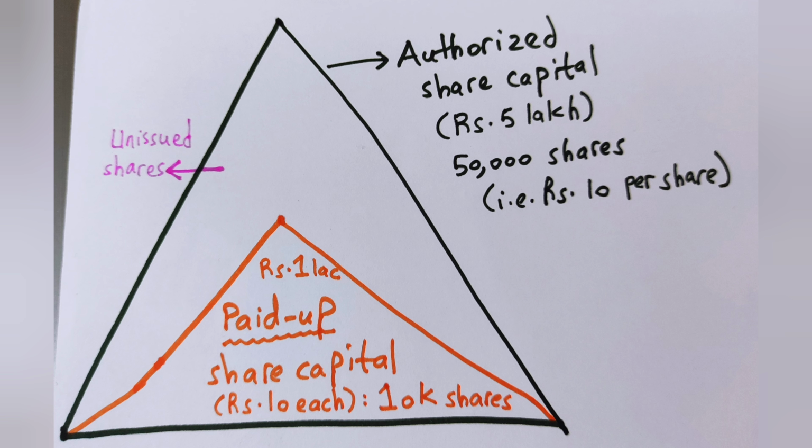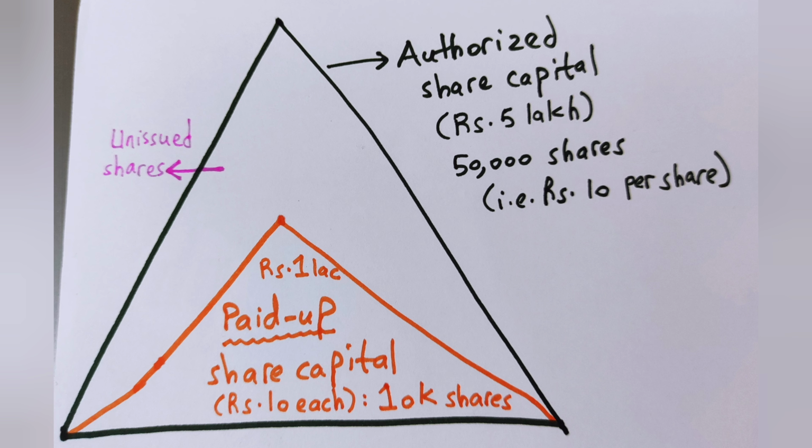What this simply means is that your company is going to have a maximum of 50,000 shares, let's say rupees 10 for each share. Just multiply 10 by 50,000 and you get 5 lakh. So your maximum share capital is worth 5 lakh rupees.